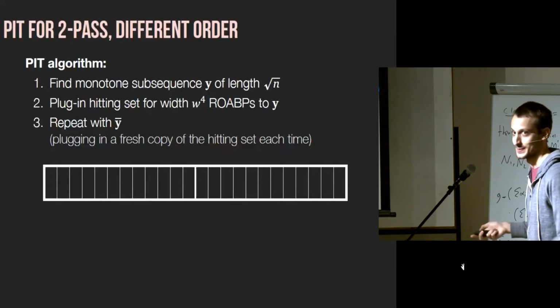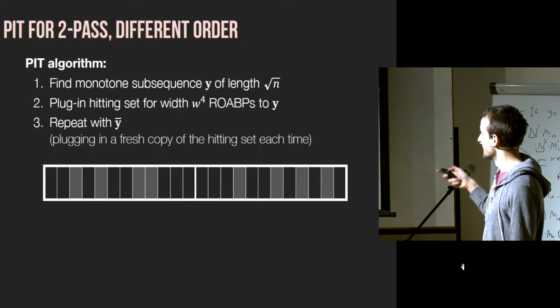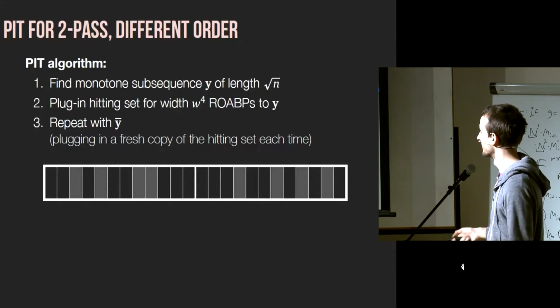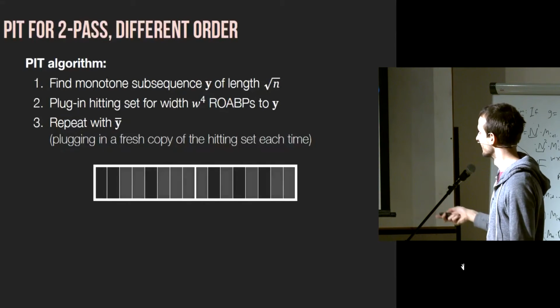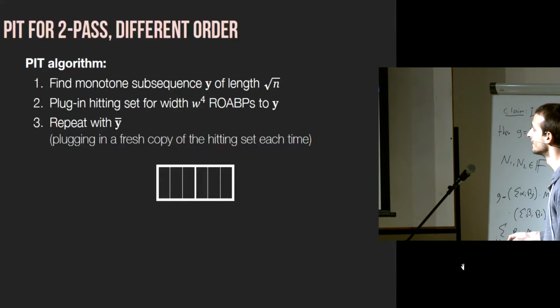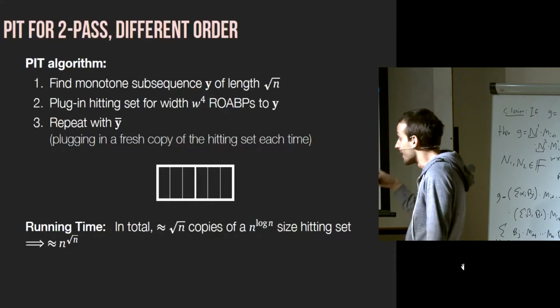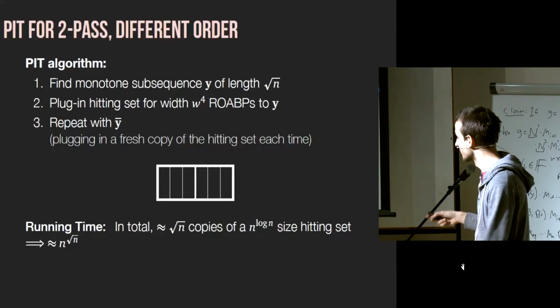I also have this amazing diagram, right? You pick the variables, you plug in the hitting set, you got rid of the variables, right? Because they're not field constants, you have fewer elements, you do it again, and then you just remain with very few variables. Can you go back? So yeah, you have to analyze how much it costs you.